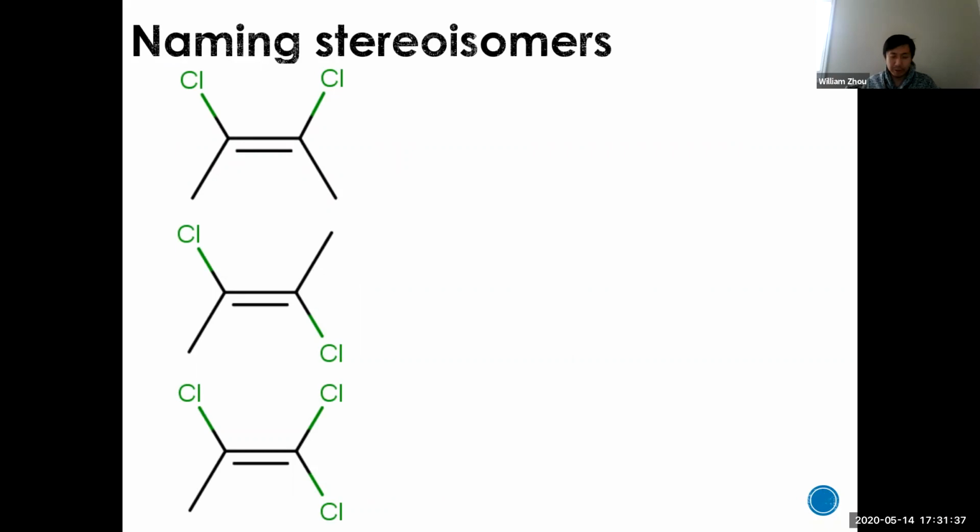Okay, so this one gives you chlorines instead. The first one, what would be the name of the first one? E or Z? Z, same side. How do we know that? It's Z, you're right. Chlorine versus carbon.